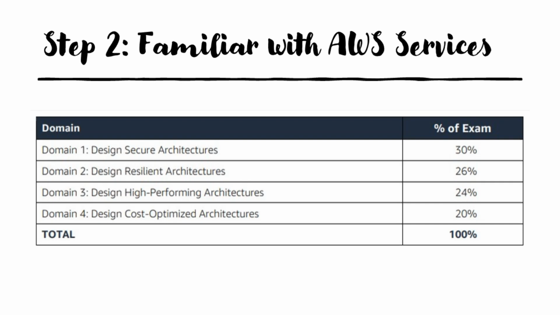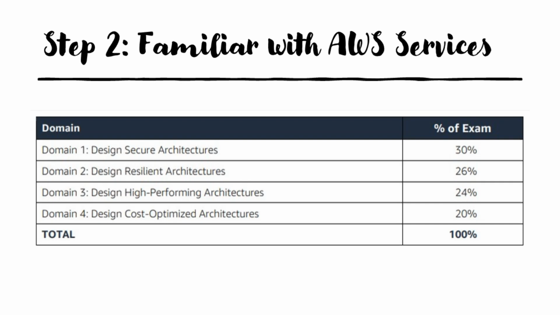The second domain is design resilient architectures, which has a weightage of 26%. The next domain is design high-performing architectures, which has 24%, and the last domain is design cost-optimized architectures, which has 20%. These domains are like modules for this certification.